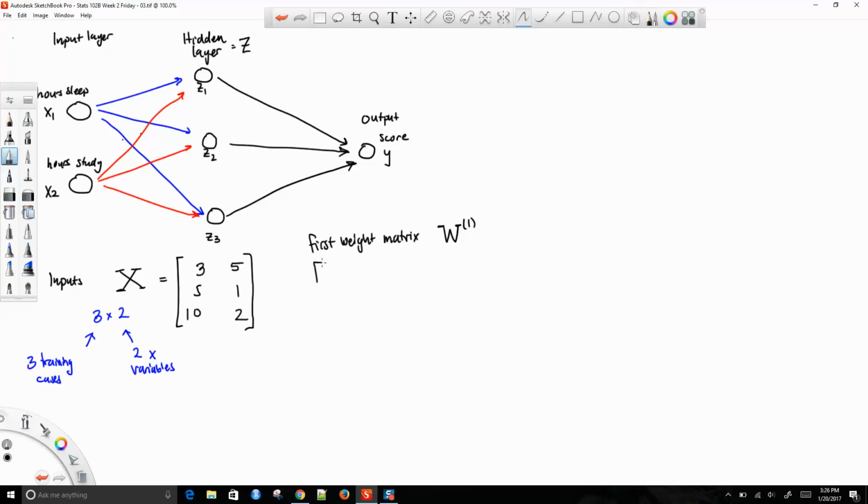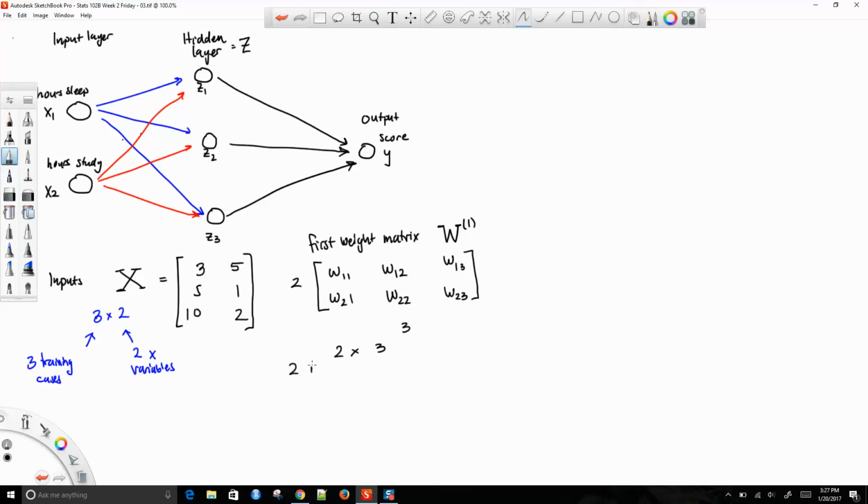So our weight matrix is going to be 2 by 3, to indicate the weight from node 1 going to the first node in the hidden layer, the second node, and the third node, then the weights going from 2 to 1, 2 to 2, and 2 to 3.